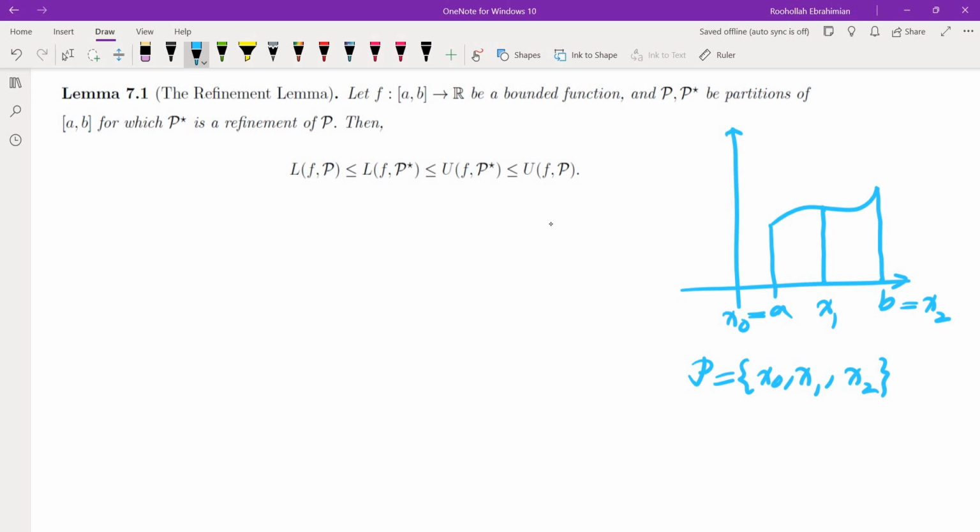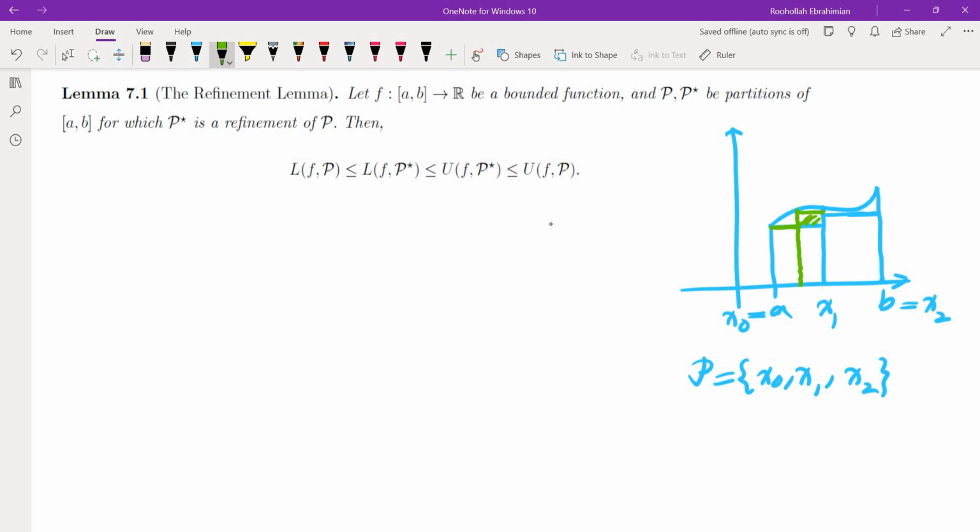If I look at the lower sum, it would be this. This would be the lower sum. Now, if I take this partition and add some more points, let's say I add one more point here, what am I going to end up getting? I get this one as the lower, so the other side remains the same.